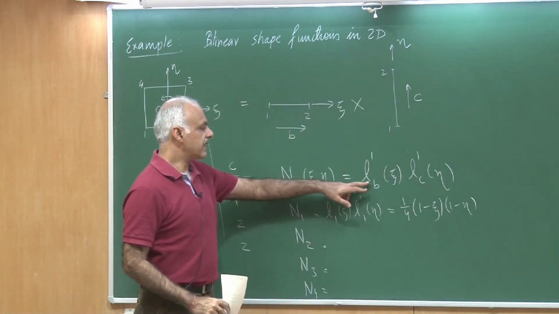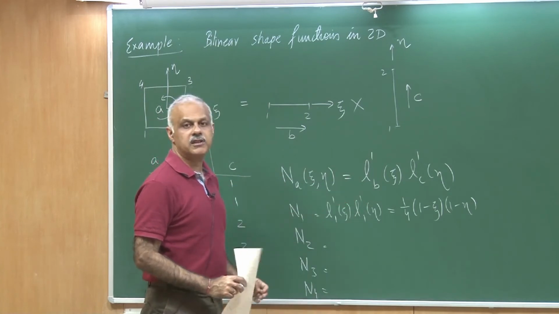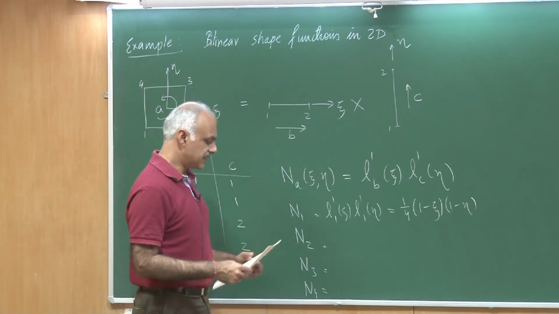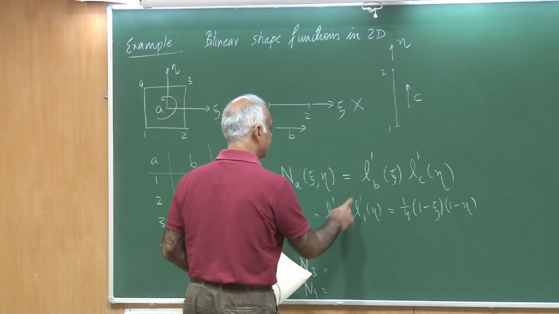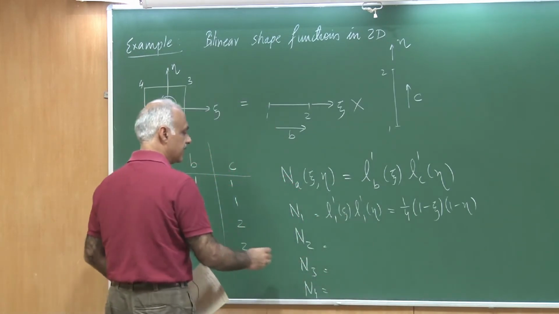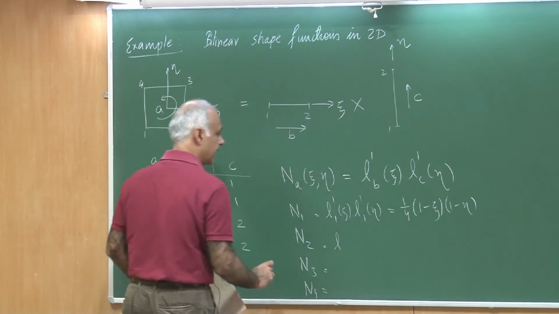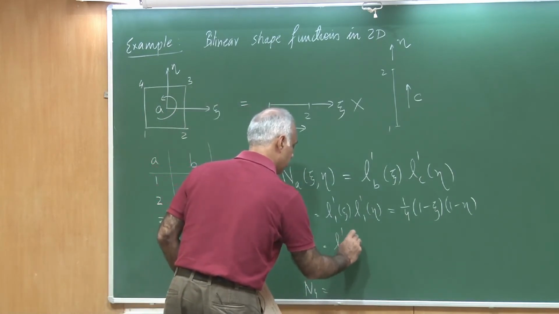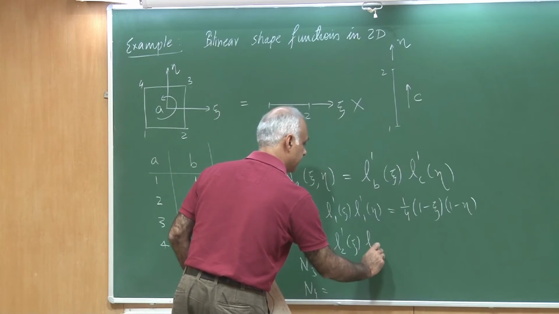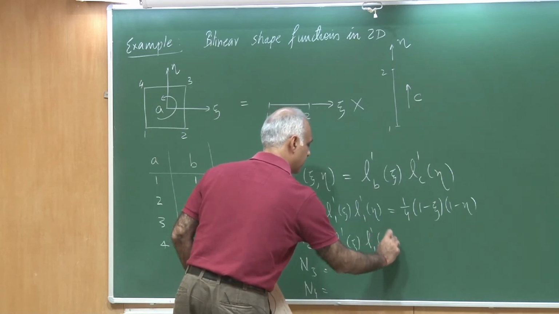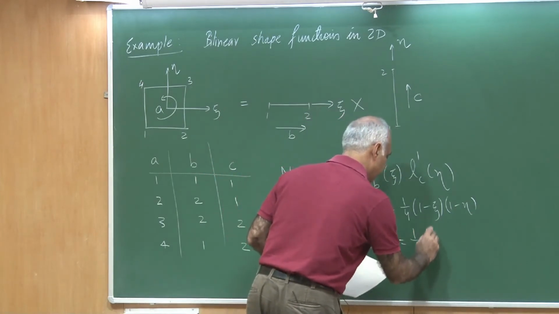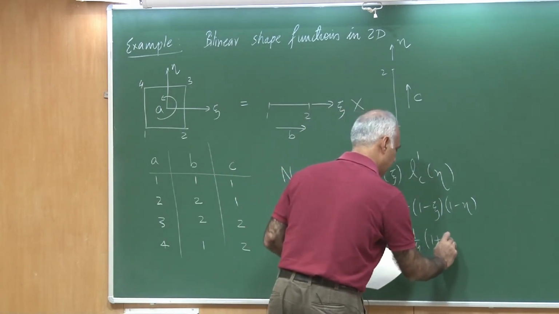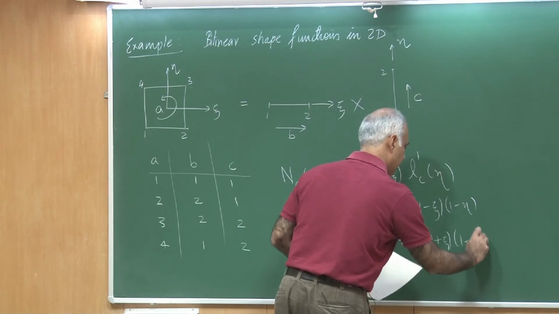You can rewrite these Lagrange polynomials of first order and then check these values. Similarly, N2 I can simply read from this chart. So, this would be given as L2(xi) times L1(eta), and this would be 1/4 of (1 plus xi)(1 minus eta).